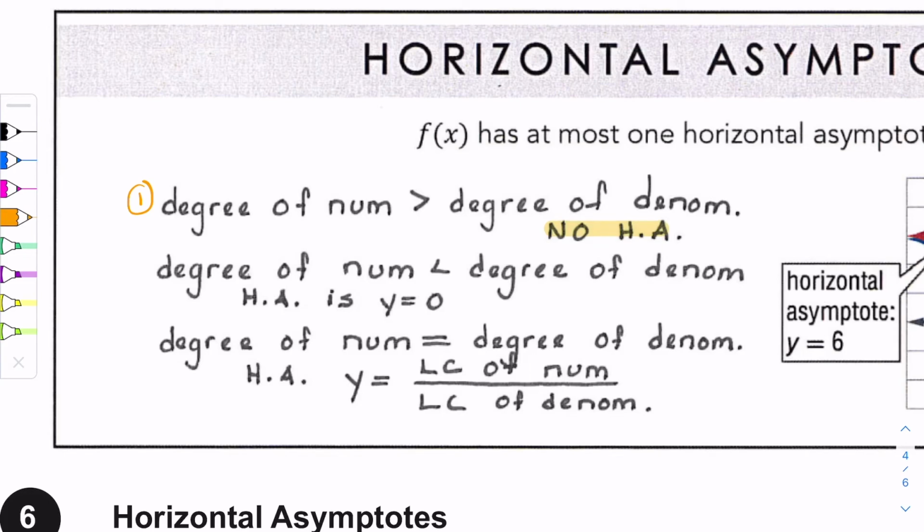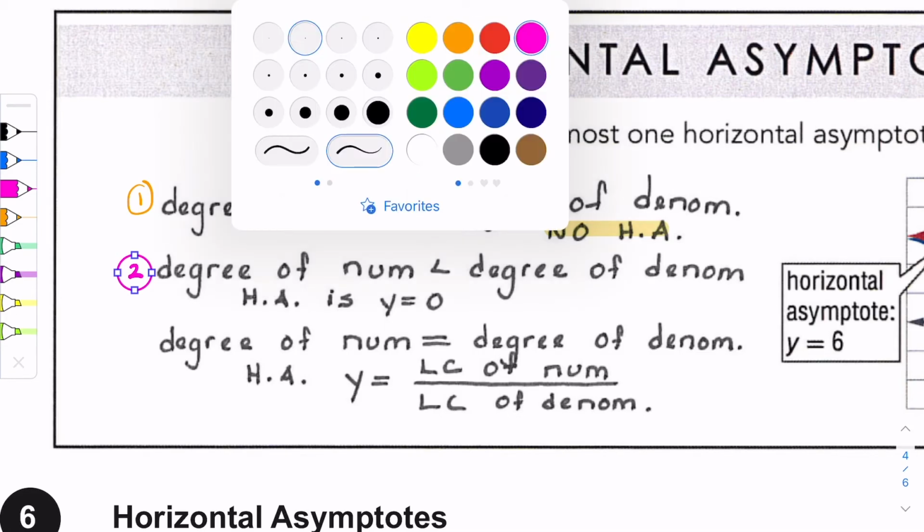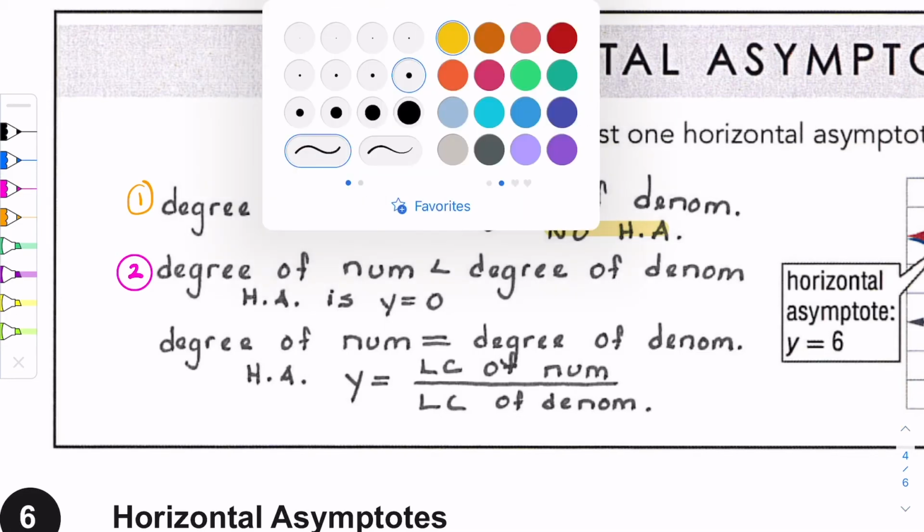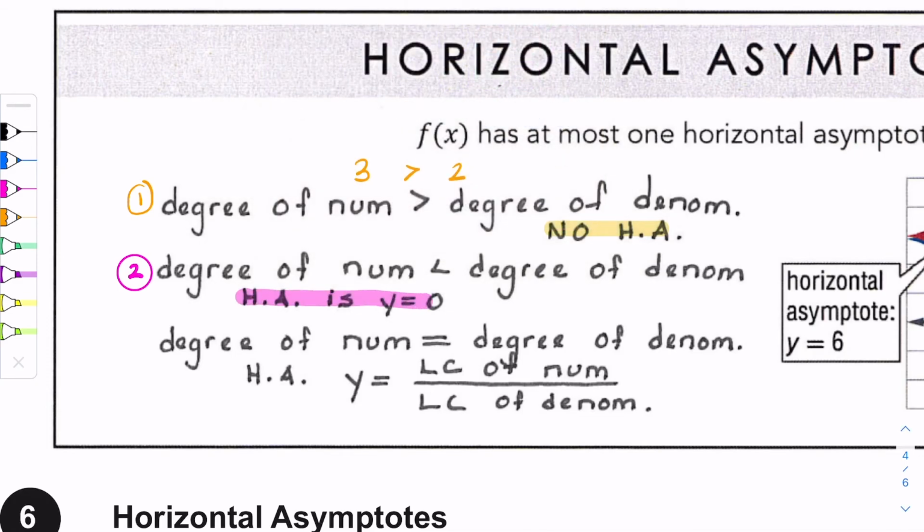So an example of this could be 3 is greater than 2. For the second potential answer, if the degree of the numerator is less than the degree of the denominator, then the horizontal asymptote is always at the line y equals 0.